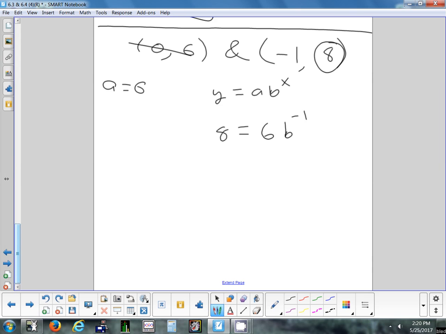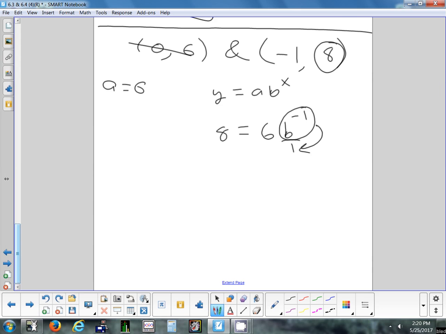Well, what don't we like about that exponent? That it's negative. So fix it. How do you fix a negative exponent? Okay. You can make it a fraction, and you flip it. So where is the b going to go? The bottom. This goes to the bottom.